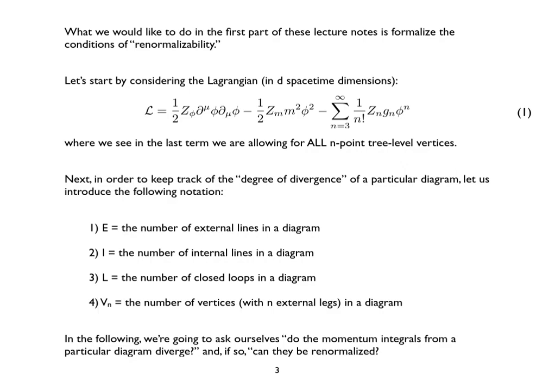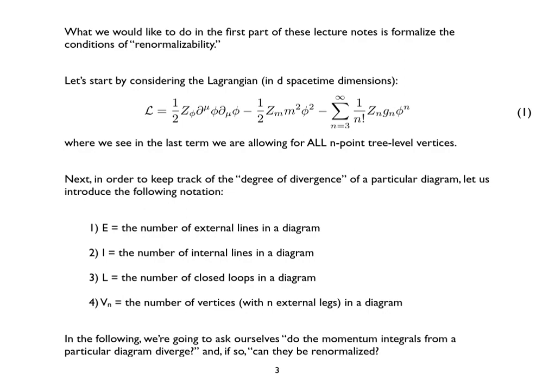By internal lines, you mean propagators? Yeah, exactly. And then we'll call V sub n the number of vertices with n legs in a diagram. So you'll see terms like V3, which is our normal phi cubed type of interaction, or V4, which is phi to the 4th, okay?